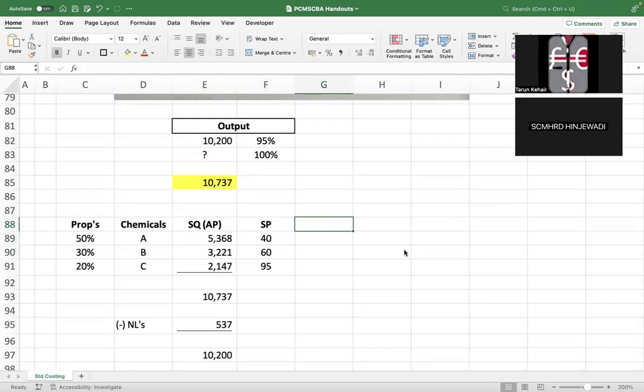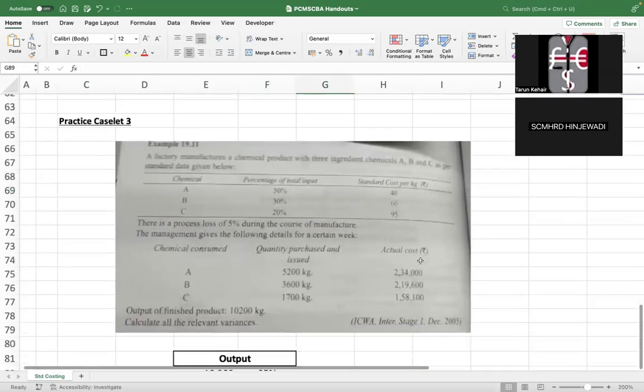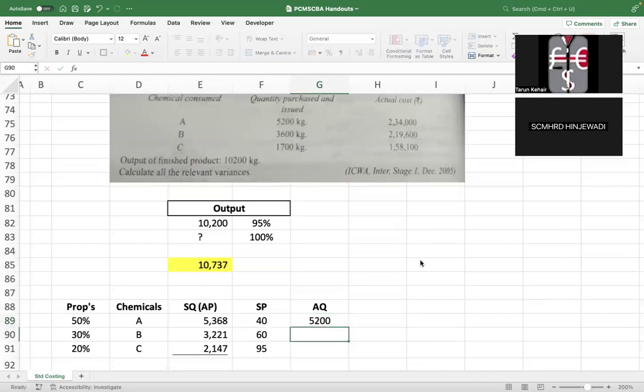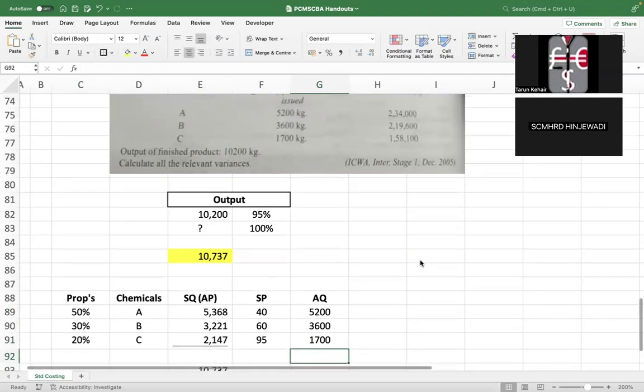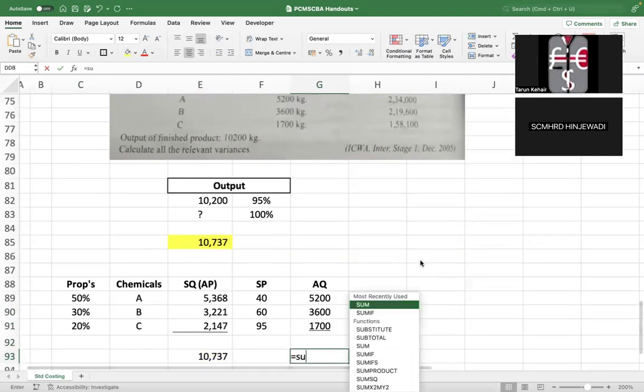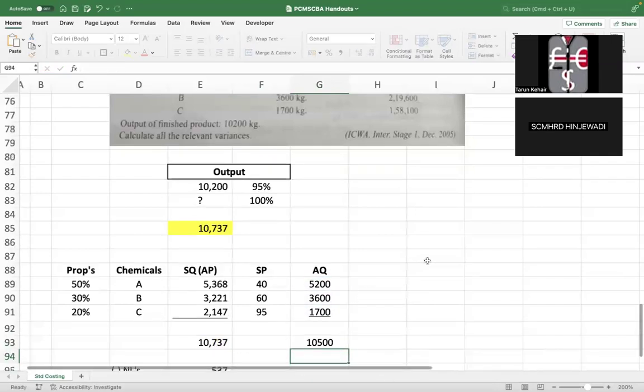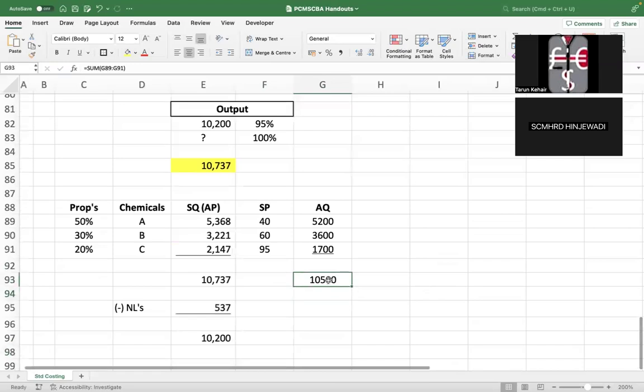Then the actual quantities. Actual quantities are given to you: 5,200, 3,600, and 1,700. So what does it tell you? That your actual quantity is 10,500 kgs.